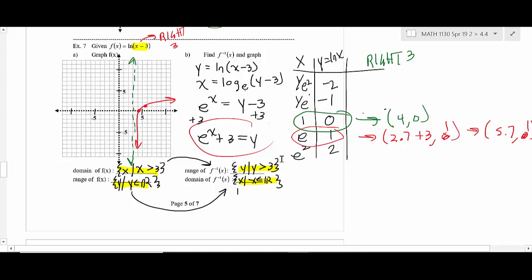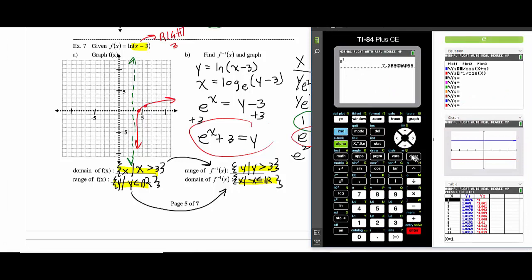Now, you could put ln of x minus 3 in your graphing calculator. We'll get to a point, I'll show you in a little bit how you can do any of these on the calculator. But if you just put in what we just did, ln of x minus 3, and then if you put in the inverse that we crunched out, we got e to the x plus 3.